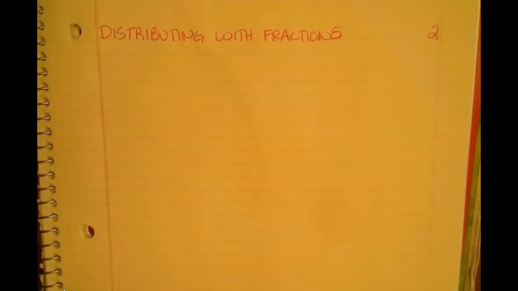Okay, distributing with fractions, this is going to be super simple. We're going to talk about 3 different ways that this can happen, and I'm going to split them out because there are problems like each of the different ways on your homework.